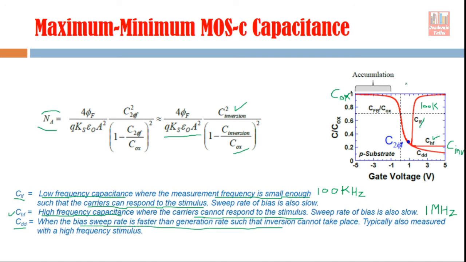If the voltage sweep which we are applying to the gate is very fast, then sometimes we go to this CDD, somewhere in this part. But that will not occur if we keep the sweep at a slow rate.